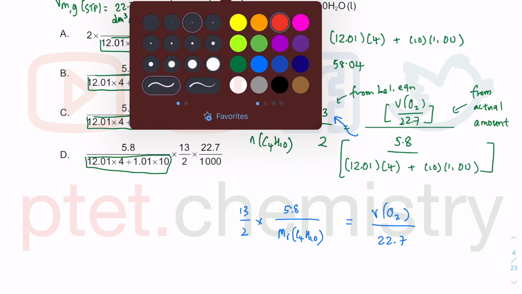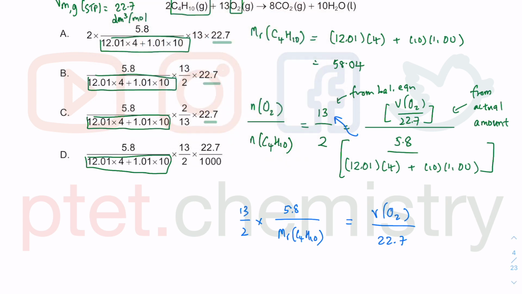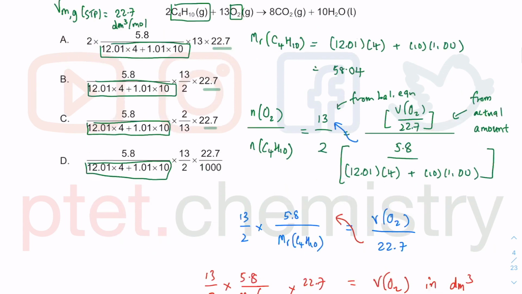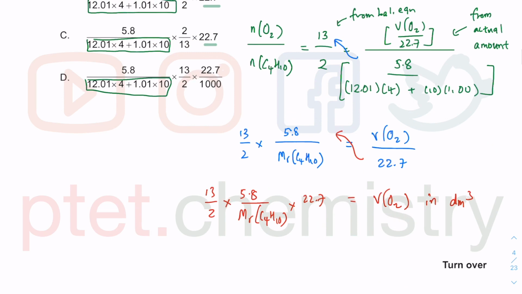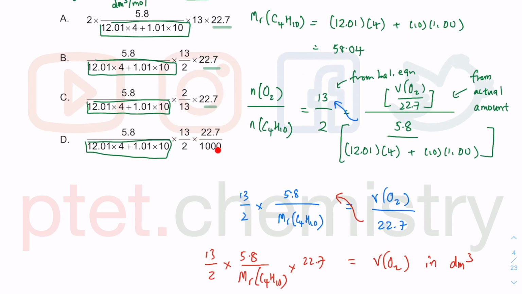The next thing we do is move up the 22.7, and we will get volume of oxygen as 13 over 2 times 5.8 over the MR of C4H10 multiplied by 22.7. This one will be in dm cube because what we did earlier was dm cube per mole. So this is in dm cube, and you wanted the volume in dm cube. So this expression is perfectly fine on its own without the need for multiplying by 1000 or dividing by 1000. That is definitely wrong.